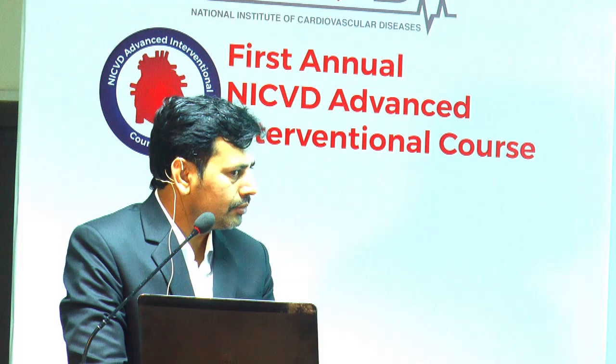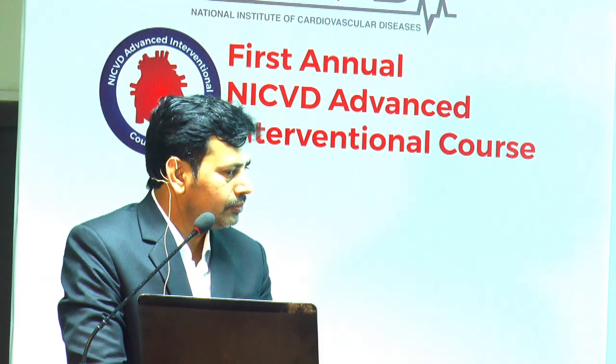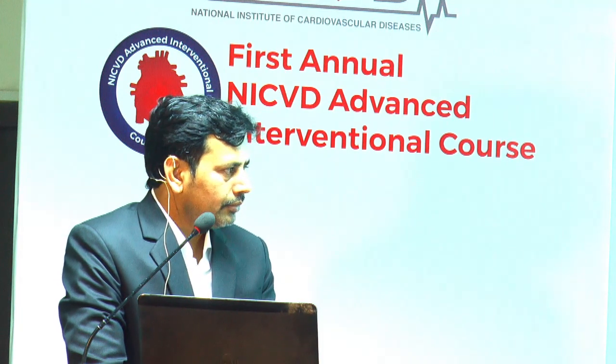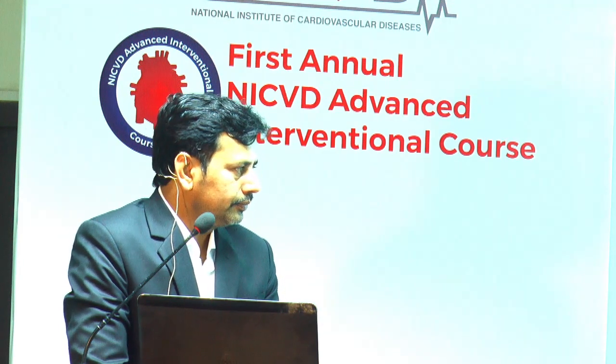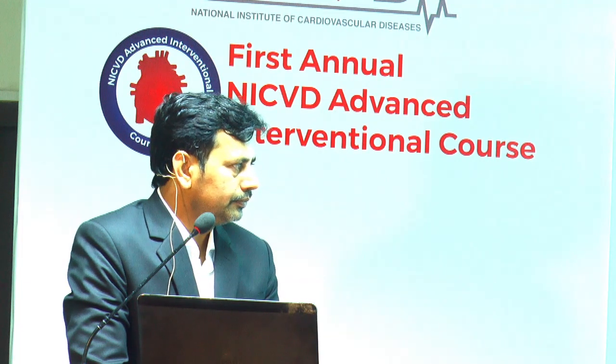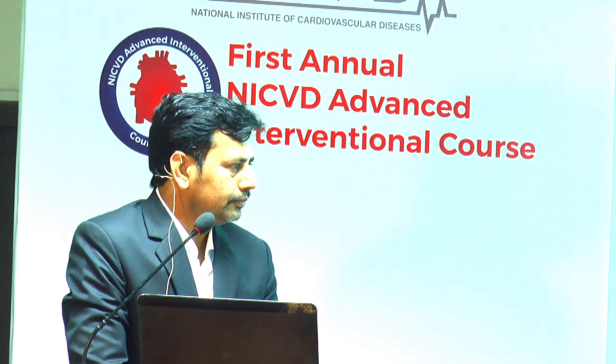There are 4 kinds of approaches: 2 are antegrade, 2 are retrograde. For antegrade, it is antegrade wire escalation and antegrade dissection and re-entry. And for retrograde, again, they are the same. There are certain CTO scores. Depending on that score, you will decide whether to proceed antegradely or retrogradely.